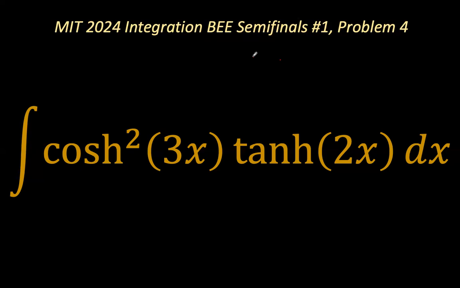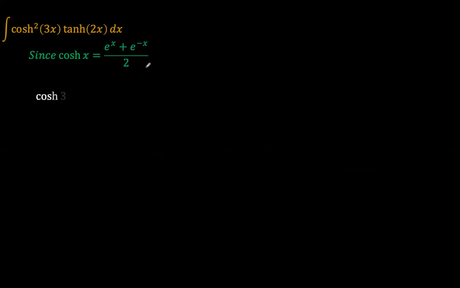Now moving forward to the solution to this problem. One thing that I would like to remind our viewers is that hyperbolic cosine, cosh x, is the same as e to the power x plus e to the power minus x over 2, such that cosh 3x is the same as e to the power 3x plus e to the power negative 3x over 2.